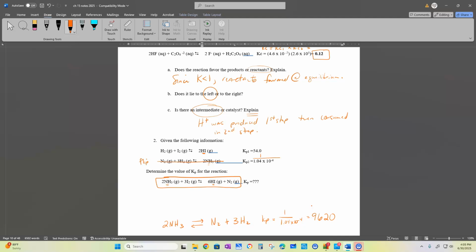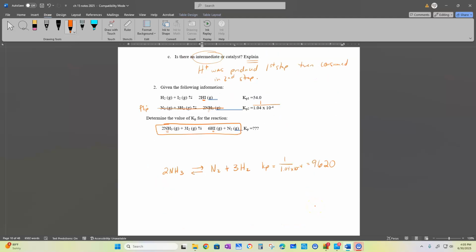So I'm keeping track. I have my 2 NH3 that I want. Okay, and I do have my N2 that I want. Now, it looks like H2 is going to have to go away sometime. So let's look at this first equation. Iodine right here has a 3, but this equation only has a 1.